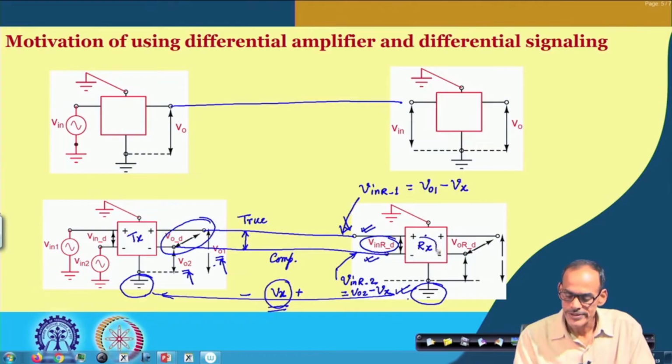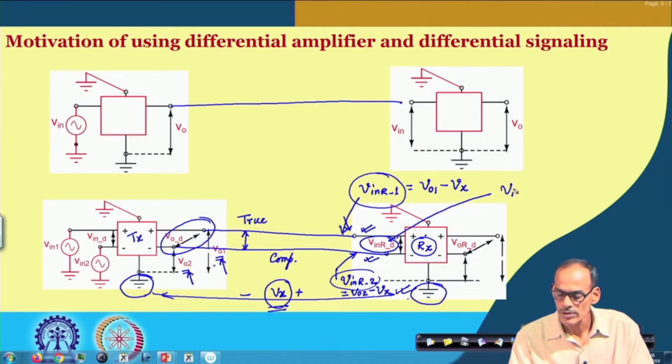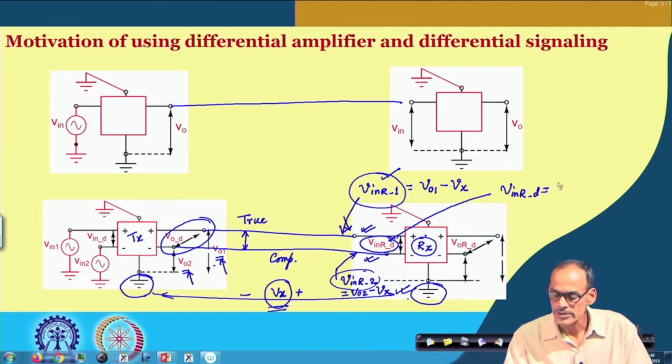Now, whenever this receiver tries to detect the signal, it takes the difference of Vin R1 and Vin R2, and the differential voltage here, referred to as Vin Rd, is Vin R1 minus Vin R2, that is VO1 minus VO2.